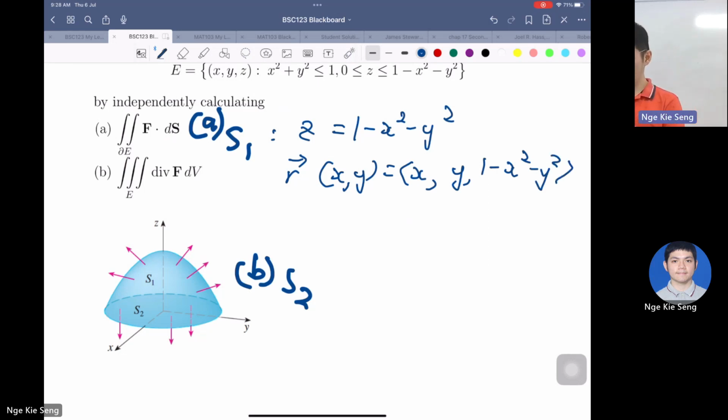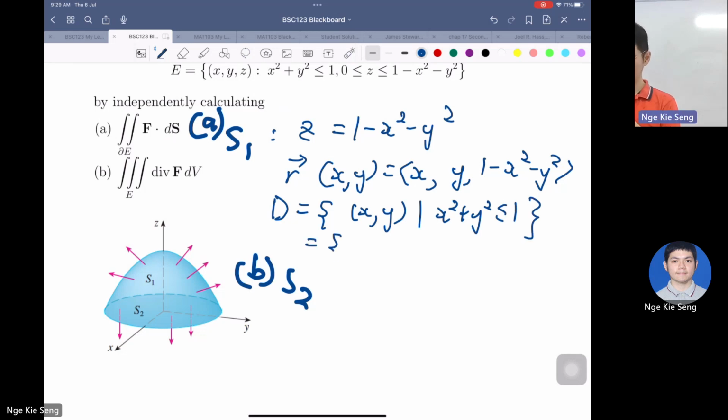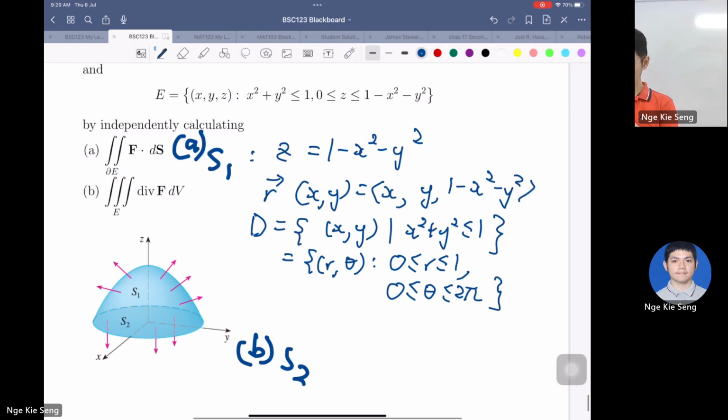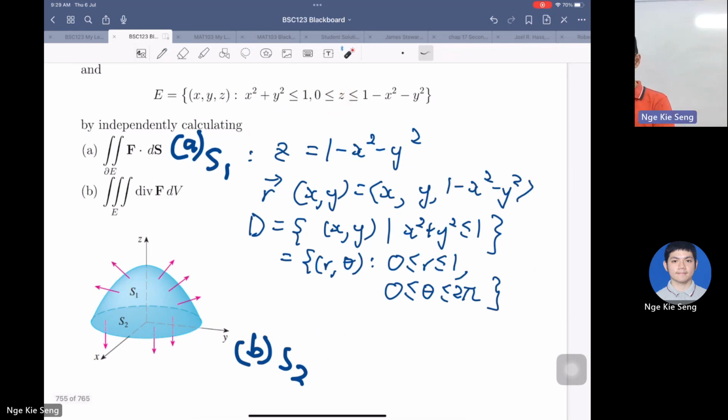Okay. So what is our domain here? The domain of this surface is just this. Anything satisfying this. How about S2? S2 here is what?